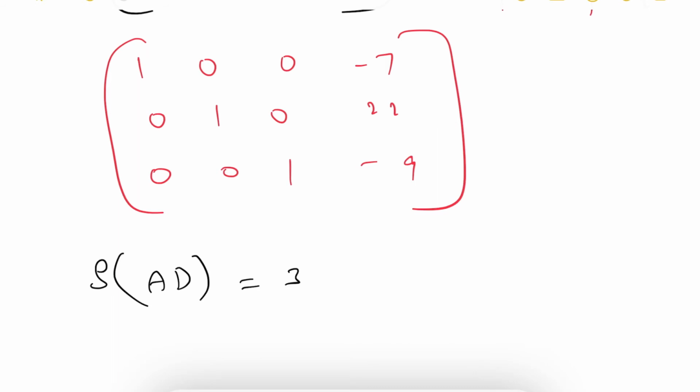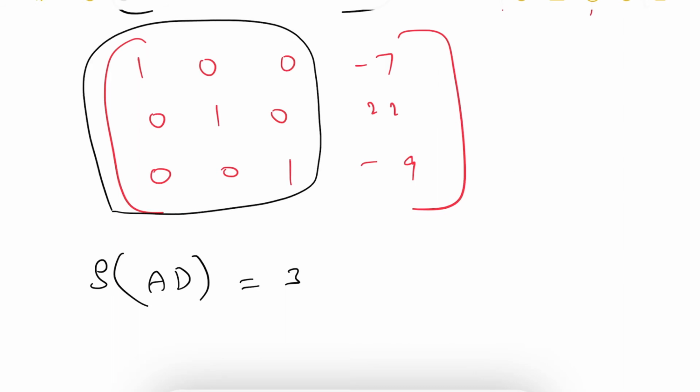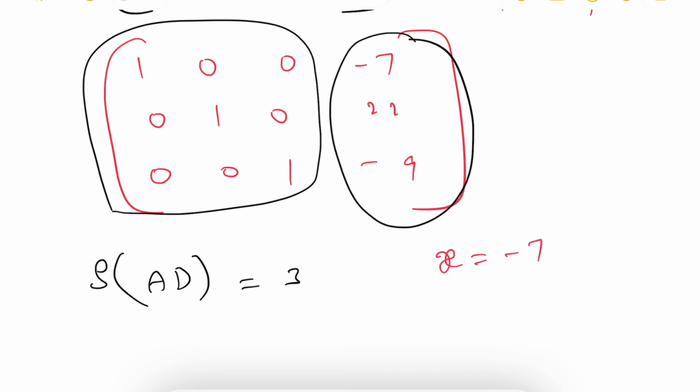Now after this, the 3 by 3 matrix is a unit matrix, so the remaining elements in the fourth column will become the x, y and z values respectively. So x equals minus 7, y equals 22 and z equals minus 9.